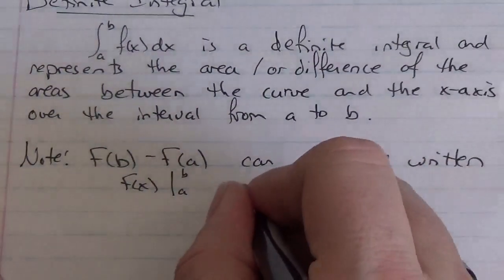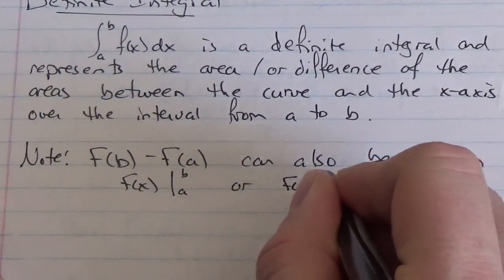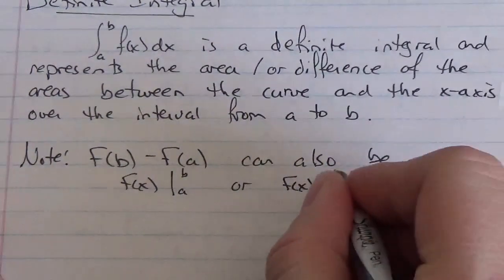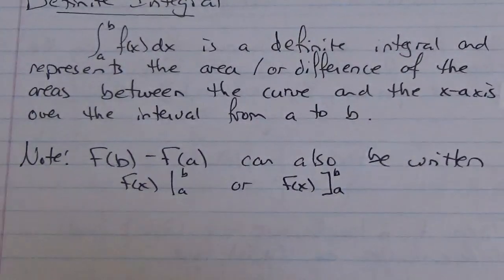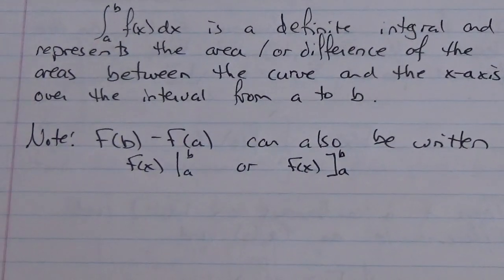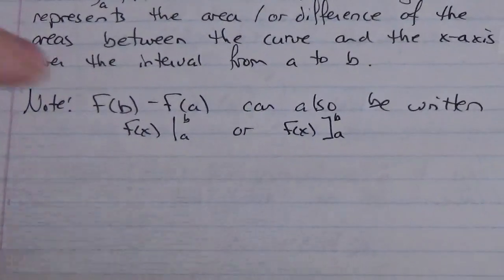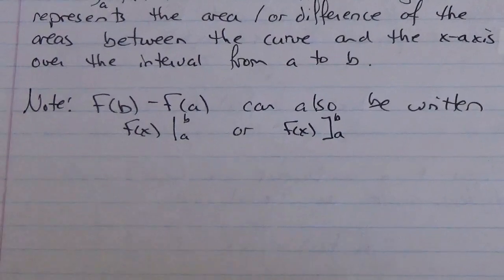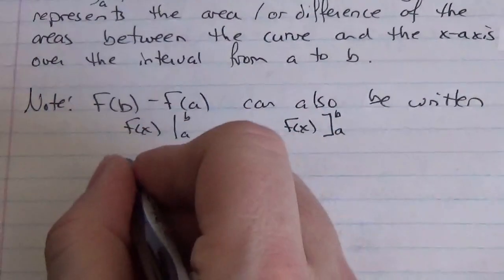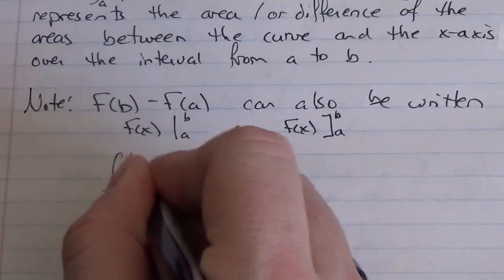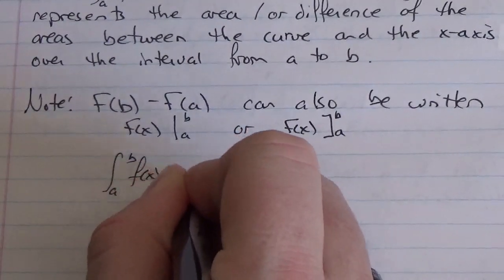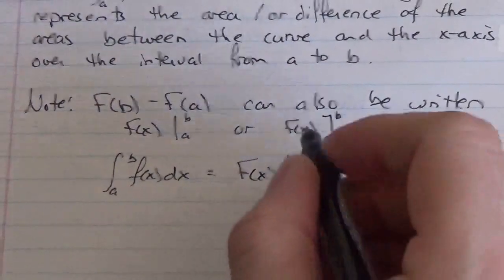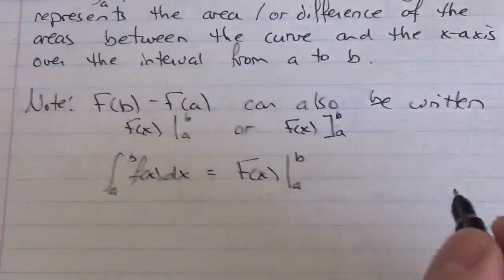Or sometimes you'll see capital F of x in square brackets, and again from a to b. You just need to be aware of what that looks like, just in case your teacher or professor uses different notation. You've got to get used to your instructor's notation here. So typically we might write it like this: the integral from a to b of f of x dx is going to be the antiderivative evaluated between a and b.